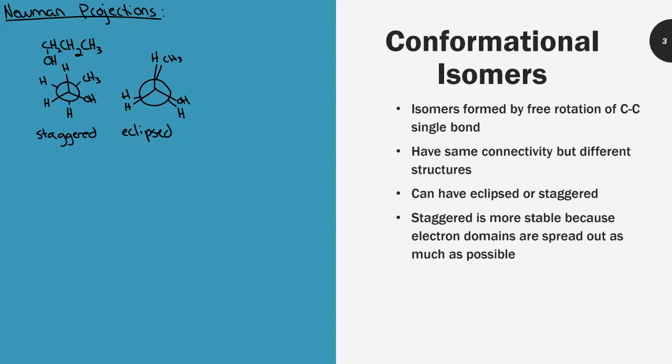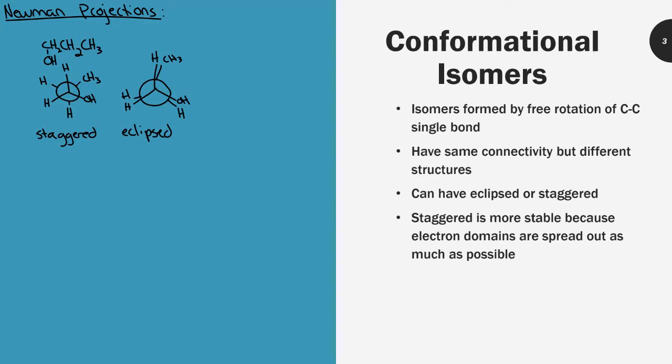And then, wait, this is staggered. So you have a hydrogen here. This dot in the middle represents a carbon. You have the hydrogen up top. You have the OH group here, another hydrogen here, and then this circle in the back represents another carbon. And then you have a CH3 group here and 2 more hydrogens, okay?